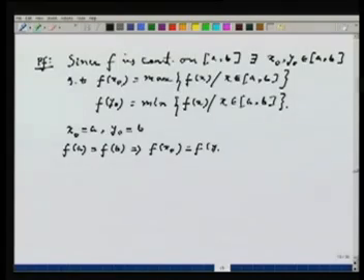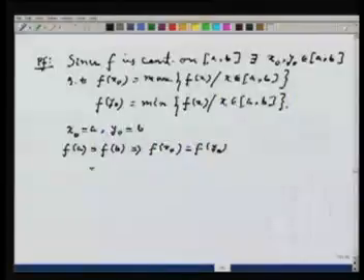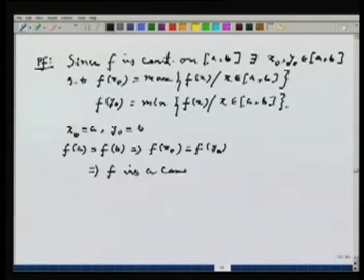That is, the function has the same maximum as well as the minimum. What does this mean? This implies that f is a constant function. That is, f(x) must be equal to c for all x in AB.